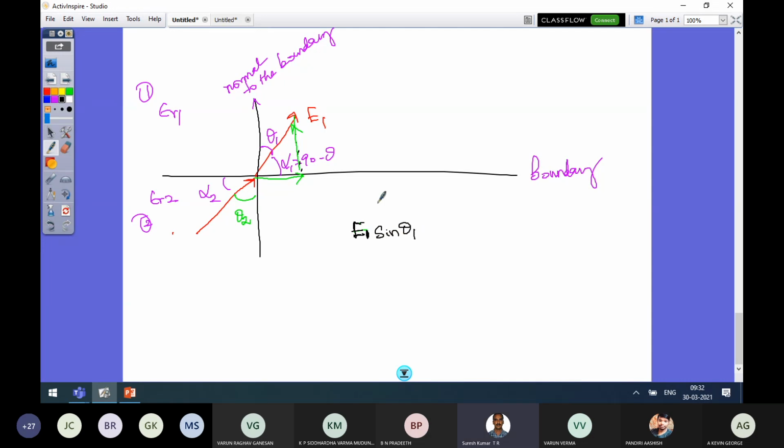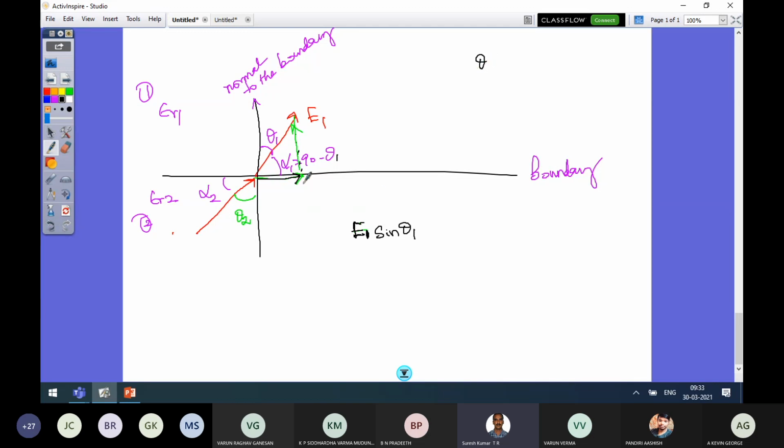So we are writing in terms of theta 1. Let us write in terms of theta 1, because usually in all problems, if the angle is given, that will be theta. It will not be alpha. Just for your understanding I am putting alpha here, but theta will be the given value, and theta will be the angle between the vector and the vector which is normal to the boundary.